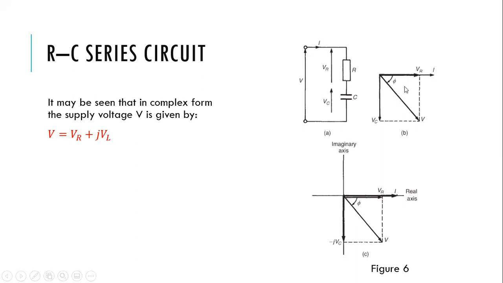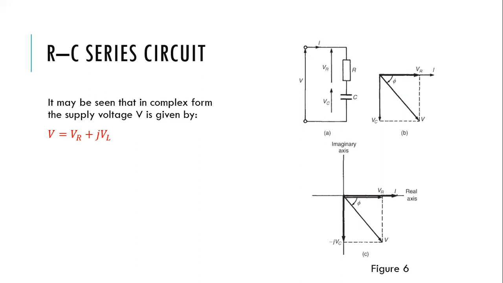The current leads the applied voltage V by an angle which lies between 0 and 90 degrees. The actual value depends on the values of VR and VC, and on the resistance and the capacitance given to us. The circuit phase angle is shown as angle phi in the phasor diagram.